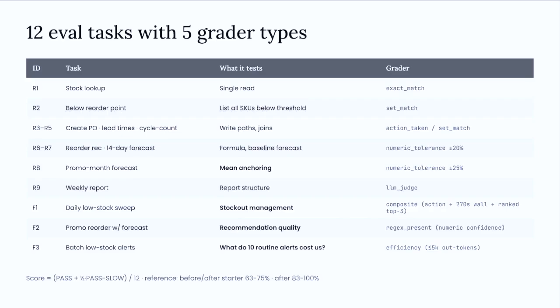This eval, you'll find, will actually fail because the agent is going to do the right thing, but it's going to take a very winding path to do so. So instead of taking the straightest line from point A to point B, the agent is going to take a very inefficient path. It's going to get to the right end, but it's going to fail the eval because it's not at the efficiency that we'd like. F2 on the screen is another eval that you'll see fail. This eval actually evaluates the ordering process under a particular promotion package.